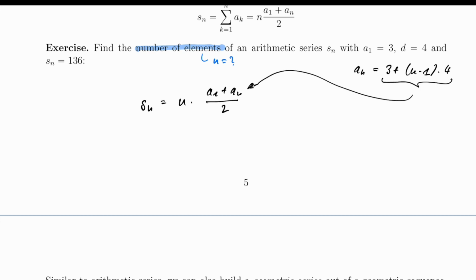And then what you get here is Sn is 136. n we don't know yet, but we know that a1 is 3, and we know that an is 3 plus (n minus 1) times 4, so plus 4n minus 4, over 2.